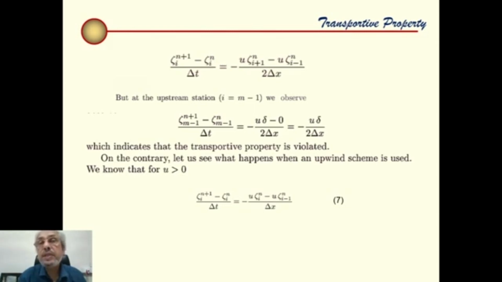When u is positive, upstream points should not get perturbed, but we can see the upstream point is getting perturbed. So this is not really acceptable. We can say the transportive property is violated.